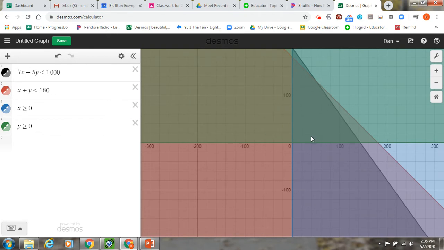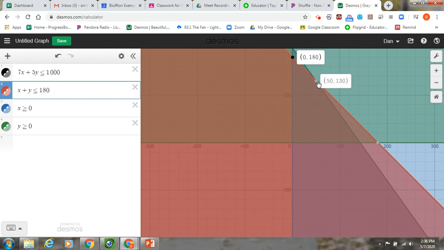But what linear programming says is the maximum amount of money they can make will always be at one of these corners. Remember, t-shirts was my x and hats are my y. They could make 0 t-shirts and 180 hats.